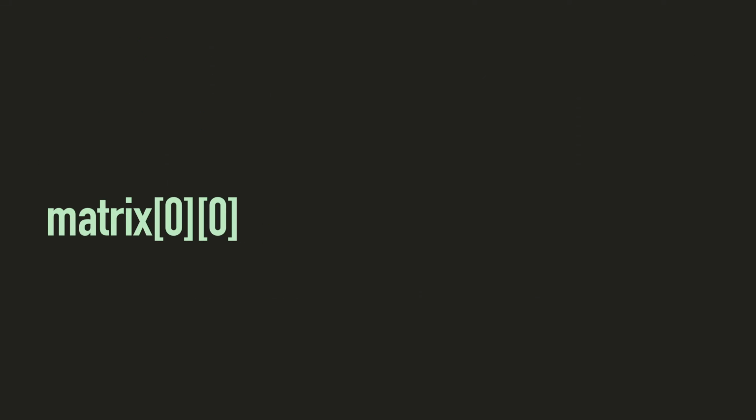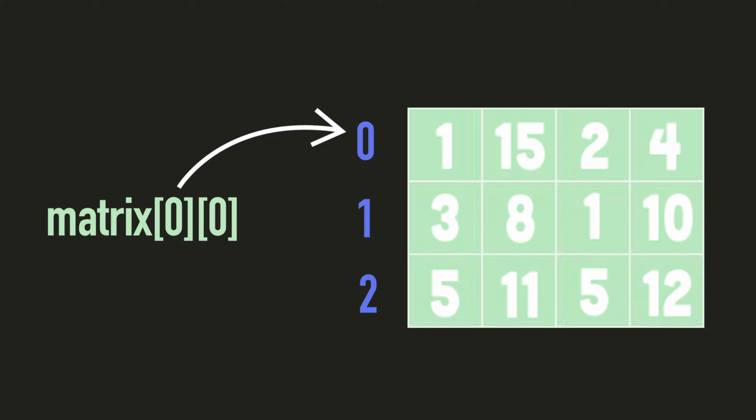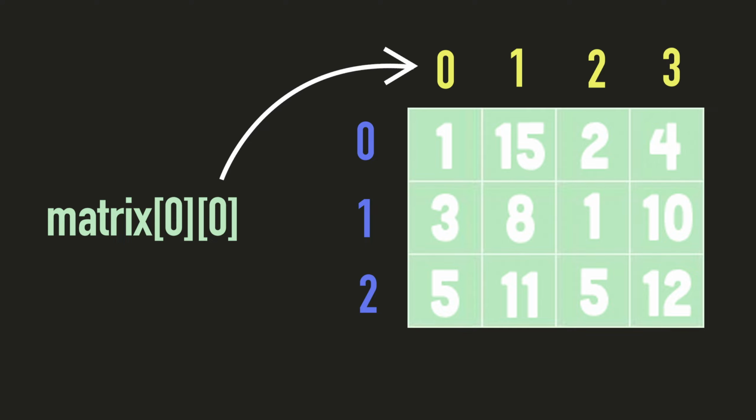When you're indexing a matrix, that first number refers to the index of the row. If I put a 0 there, what that means is give me the first row in the matrix. The second number refers to the column, or in our case, since each row is an array, we can just think of it as the index of that array. So if I put a 0 there as well, what I'm asking for is the value at the top left corner of the matrix.